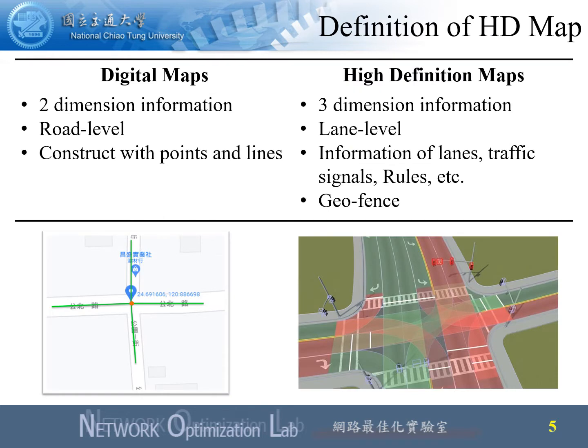Different from a traditional digital map, an HD map is a highly accurate map used in autonomous driving, containing details not normally present on traditional maps. Such maps can be precise at a centimeter level and contain data with 3D information in lane level.